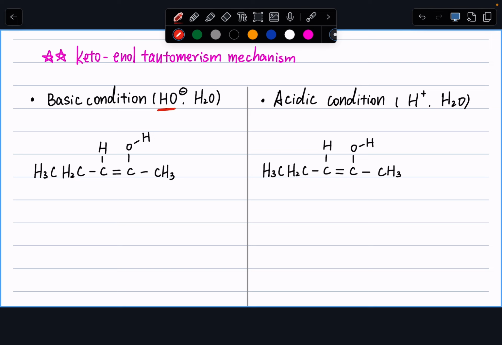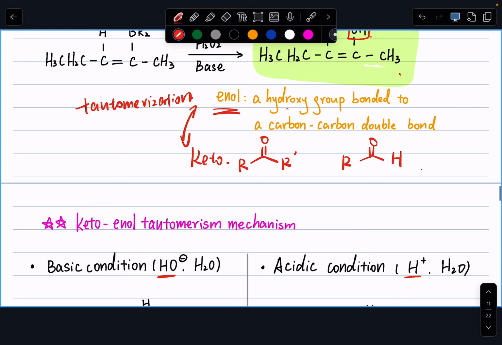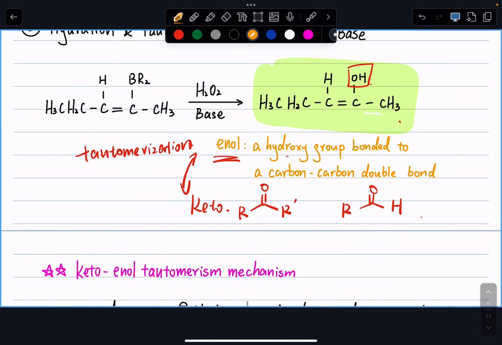Under basic condition or under acidic condition, the keto-enol tautomerization can both take place. Now, in our hydroboration oxidation scenario, we're looking at a basic condition. So let's look at our basic condition first.